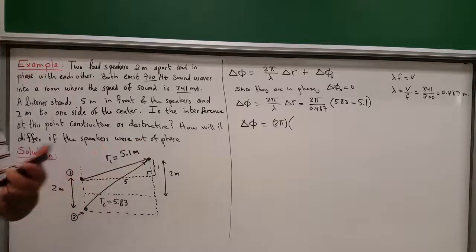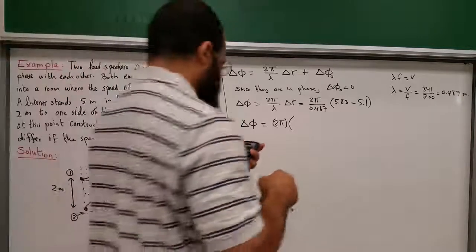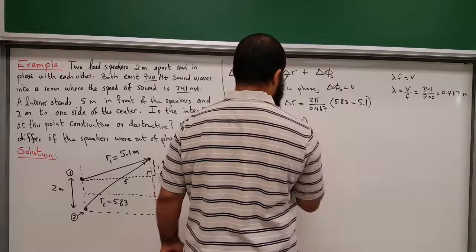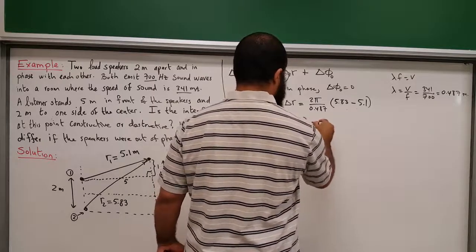And then you divide that by 0.487, and I get about 1.5, which is 3 pi.